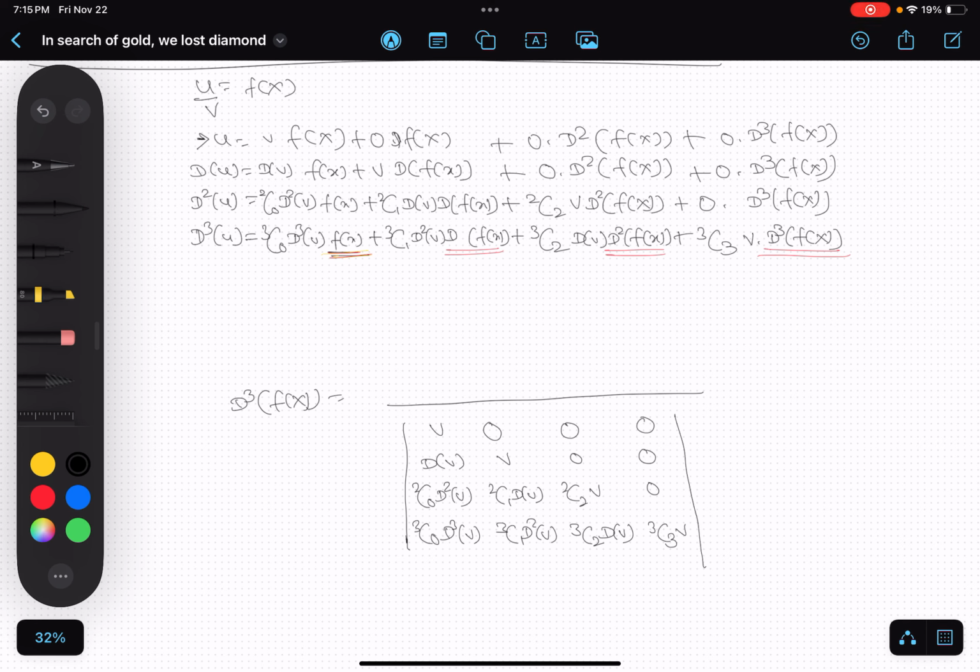Now over here in the numerator, just replace the last column by u, d square u, d cube u, and so on.